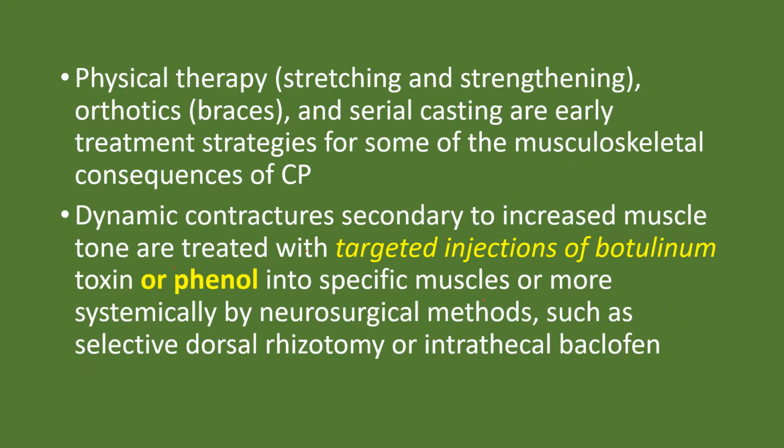Dynamic contractions, secondary to increased muscle tone, are treated with targeted injection of botulinum, as I showed you, or phenol into the specific muscles, or more systemically by neurosurgical methods such as selective dorsal rhizotomy and intrathecal baclofen.